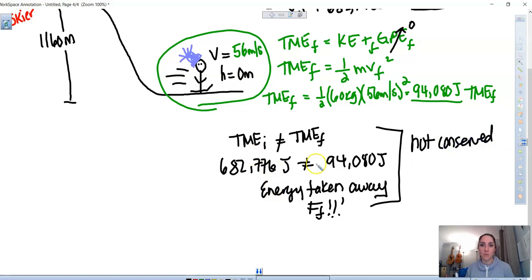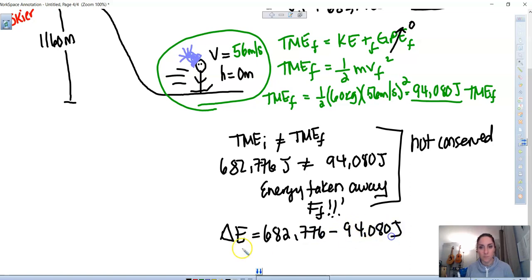In fact, you can take the difference of these two numbers and see how much energy you lost. So the change of energy is a lot.